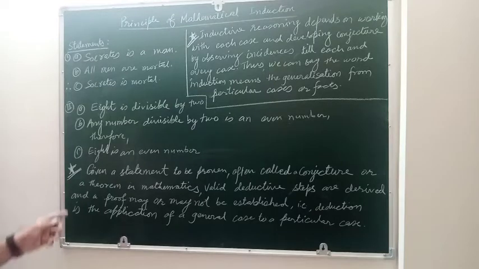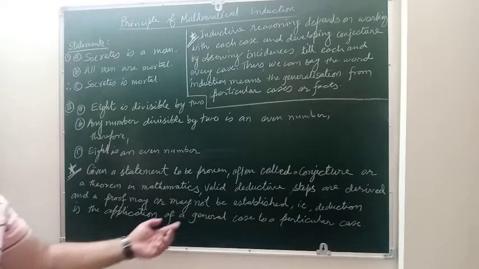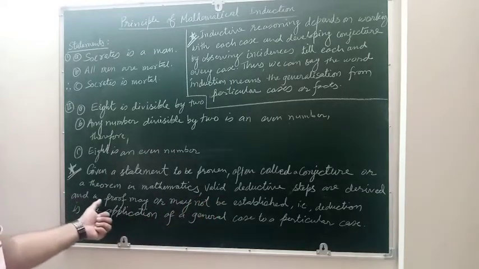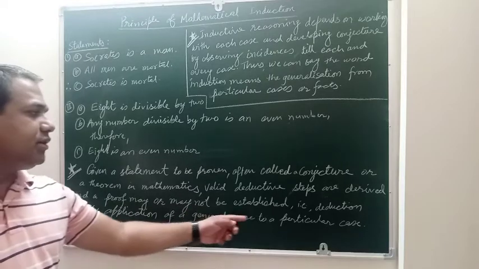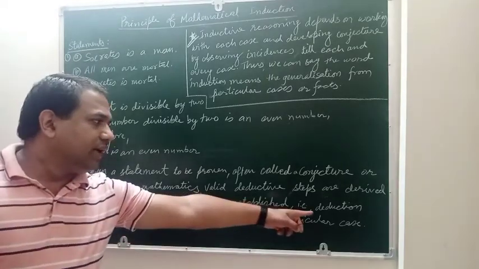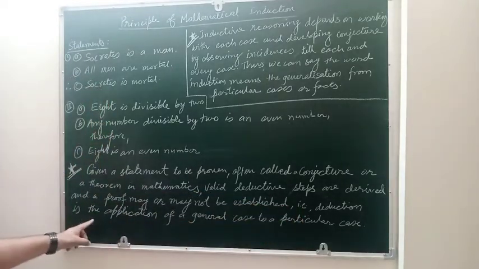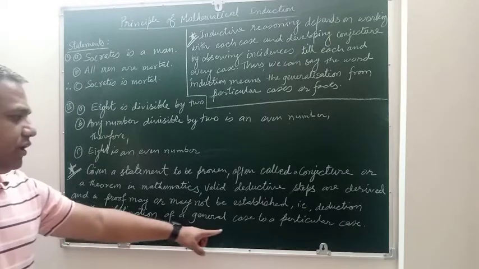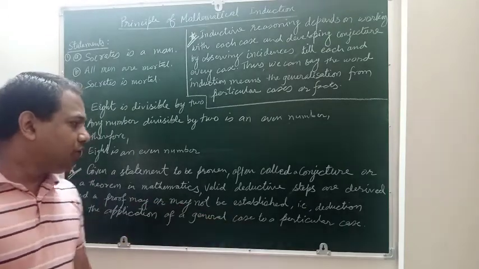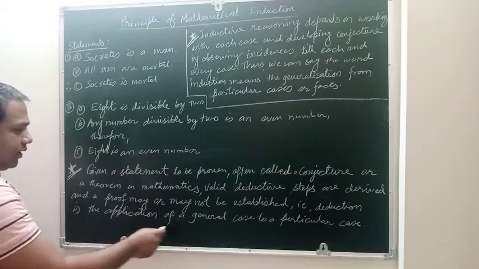Given a statement to be proven, often called a conjecture or a theorem in mathematics, deductive steps are derived and a proof may or may not be established. That is, deduction is the application of a general case to a particular case. This is a very important thing.